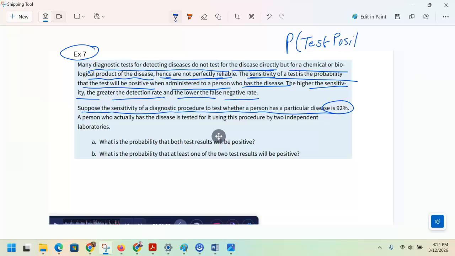When a person really has a disease and goes to get checked, his chance of testing positive will be 92%. That means 92 out of 100, or 0.92.